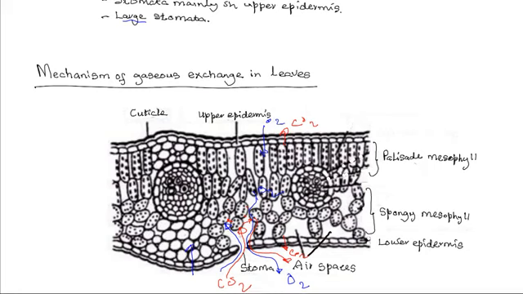But you do have epidermal gas exchange, just like you also have cuticular gas exchange. But the main structure that allows gases to move into and out of the leaf are the stomata. But inevitably, some of the gases will pass through the epidermis.